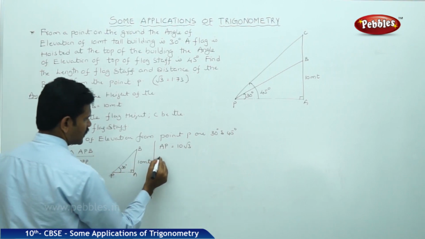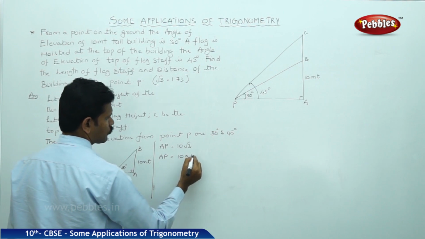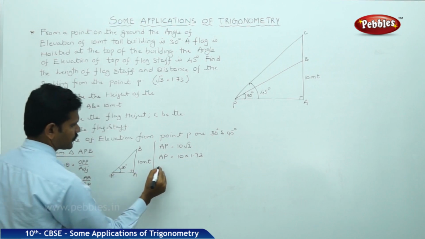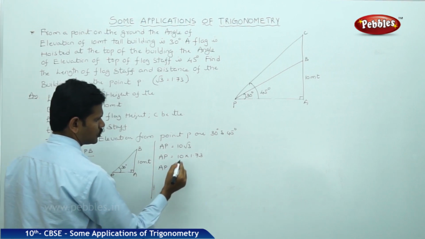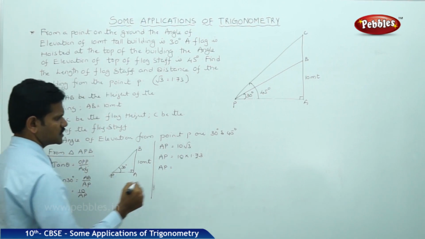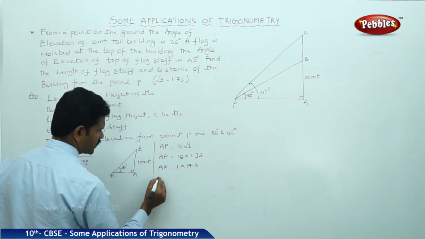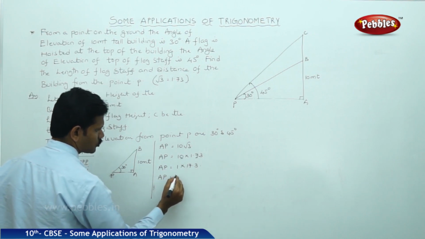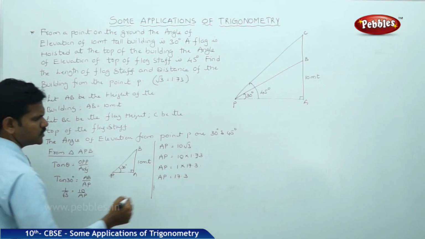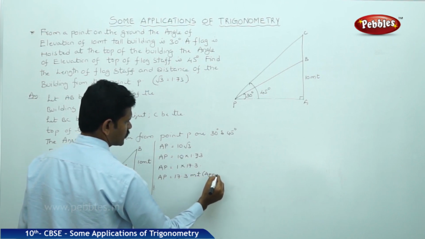Now AP is equal to 10 into 1.73, that is by using this, one digit will come inside, that is AP is equal to 17.3 meters, and it is an approximate value.